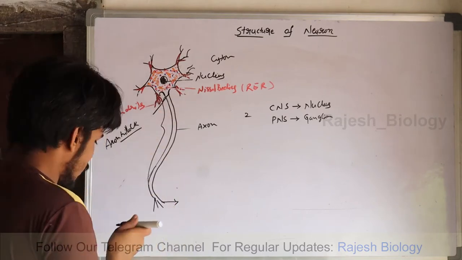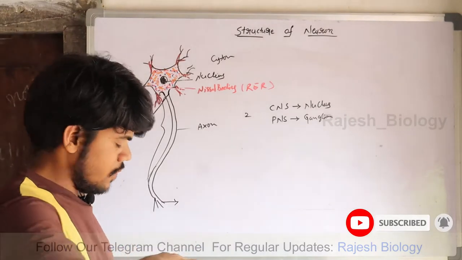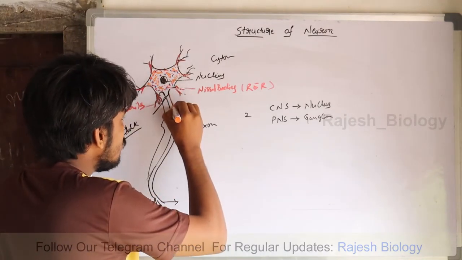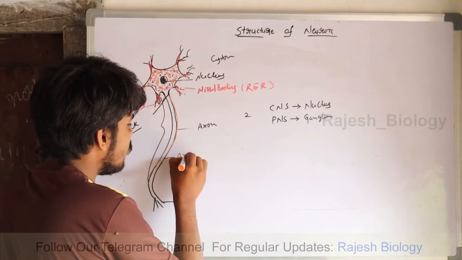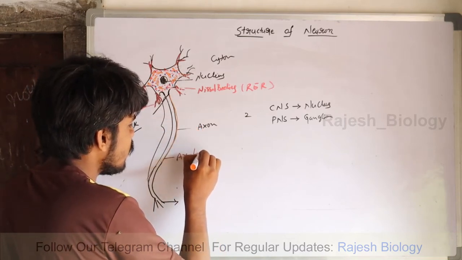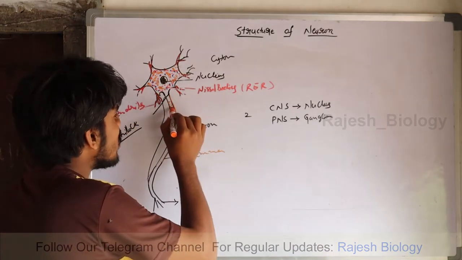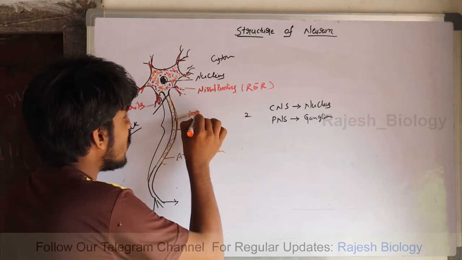The terminology of axon is different. The plasma membrane of axon is known as axolemma, and the cytoplasm of axon is known as axoplasm.